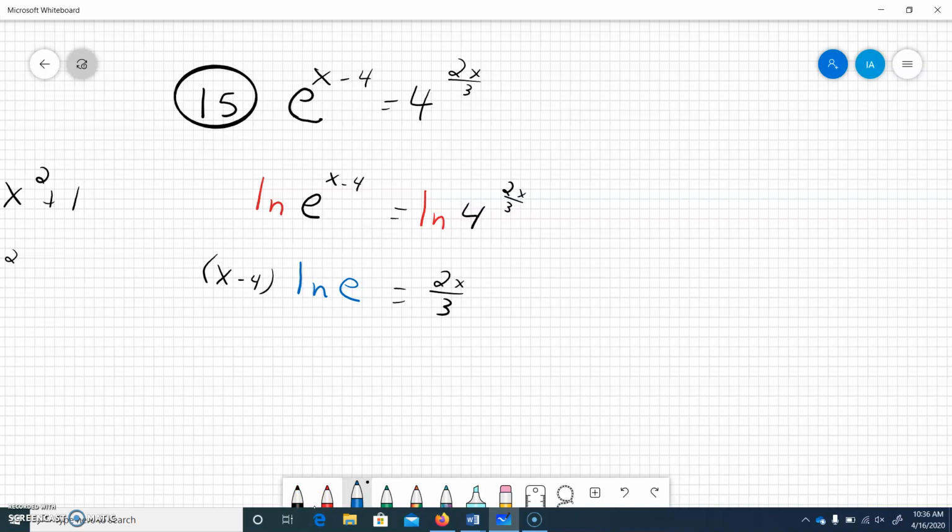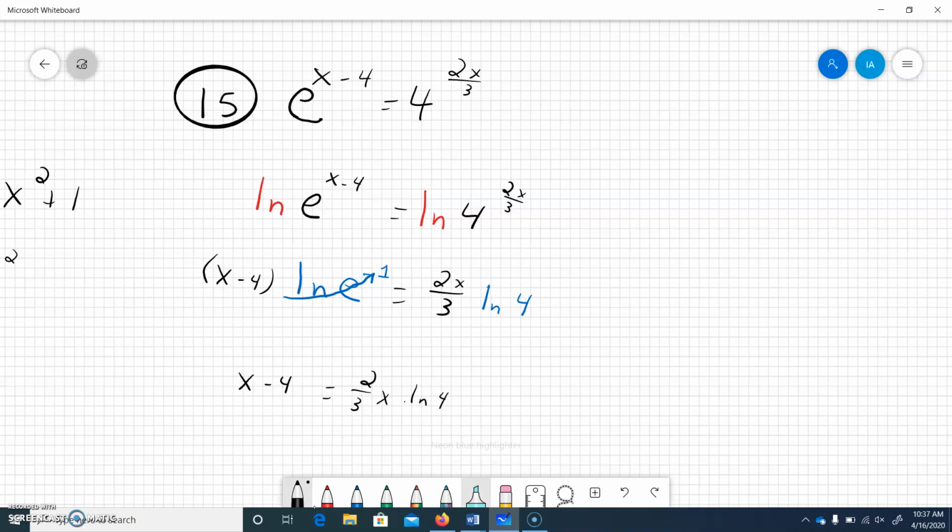So the reason it was beneficial to use the natural log here is that the natural log of e is just 1. You can put that in your calculator if you like. But now we're at a point where we've got x minus 4 equals 2/3 x times natural log of 4.